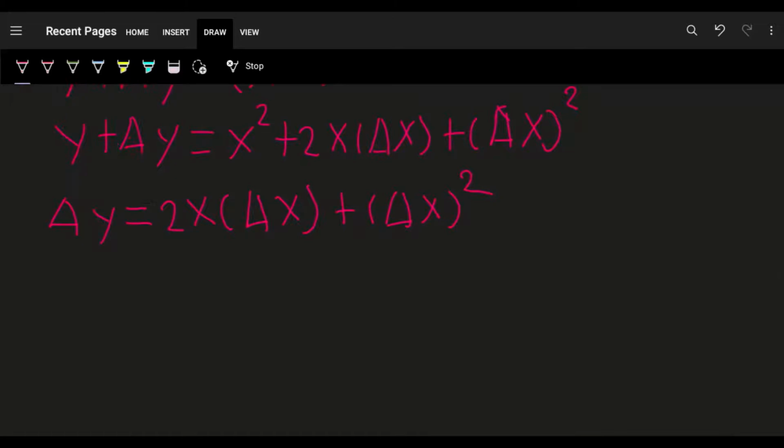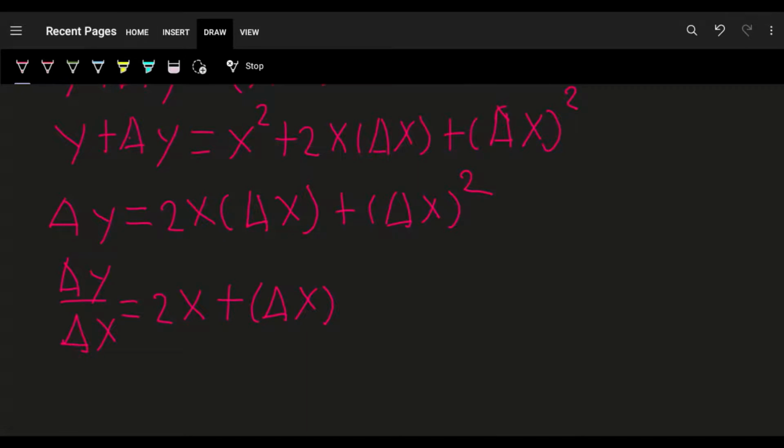Like the previous example, we want this to resemble the ratio between the change in y and the change in x. To do this, we can divide by delta x, and this will end up equaling 2x plus delta x. So now we have that.